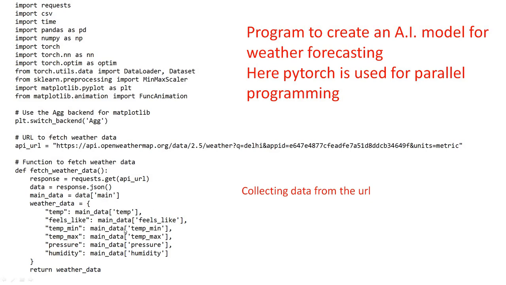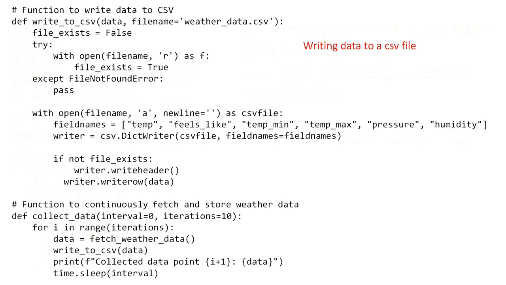So you are just reading the data. They have information like temperature, feels like temperature, temperature minimum, temperature maximum, pressure, humidity, maybe much more, but we are interested in these data. Now the write to CSV file function writes all this data which is coming from there into a file.